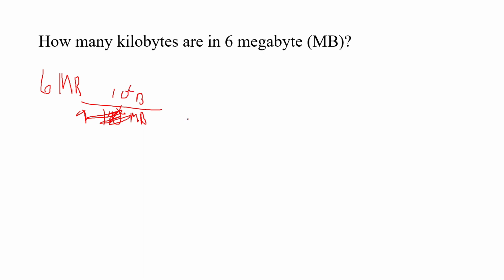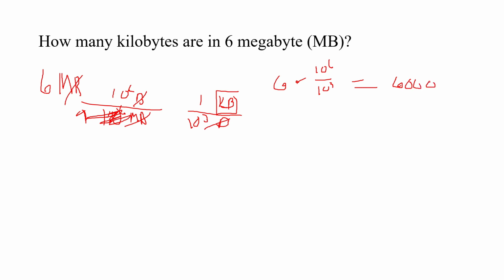We want to cancel out bytes, so how many are in a kilobyte? It's 10 to the 3rd bytes, 1 kilobyte. Megabytes cancel. Bytes cancel. We're left with kilobytes: 6 times 10 to the 6 over 10 to the 3rd, or 6,000 in powers of 10.